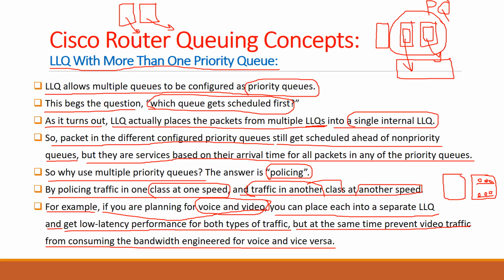So the LLQ does a single internal queue, and does some policing for each queue, and prevents one traffic from consuming the bandwidth over the other.